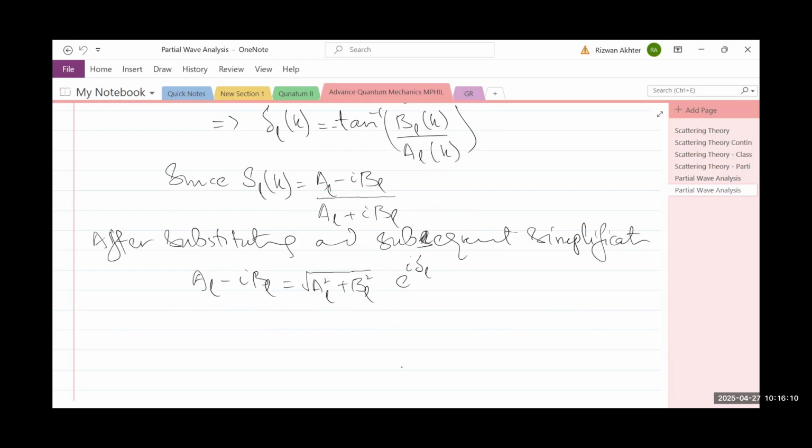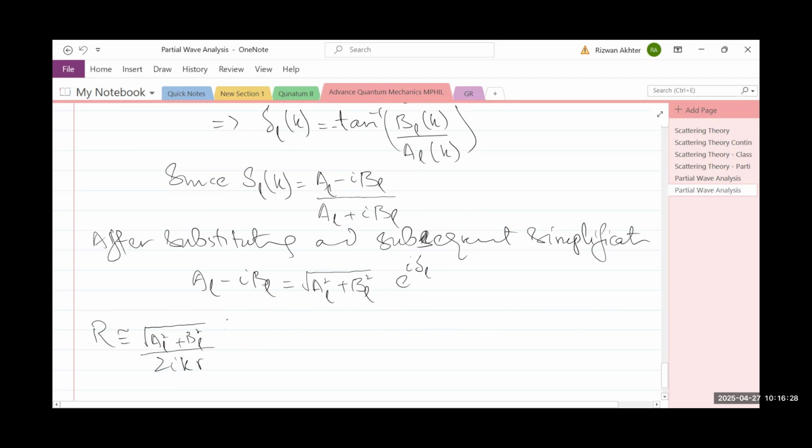If you substitute, you would have R, which is almost equal to under root A L square plus B L square, whole divided by 2 iota k r.